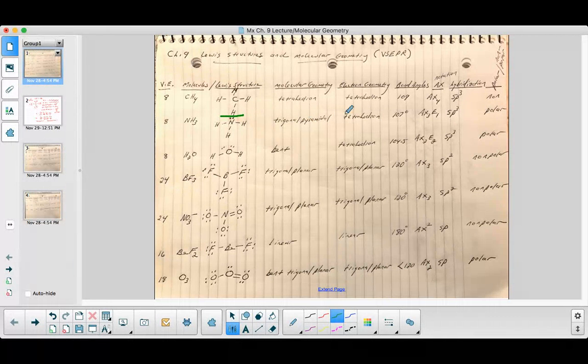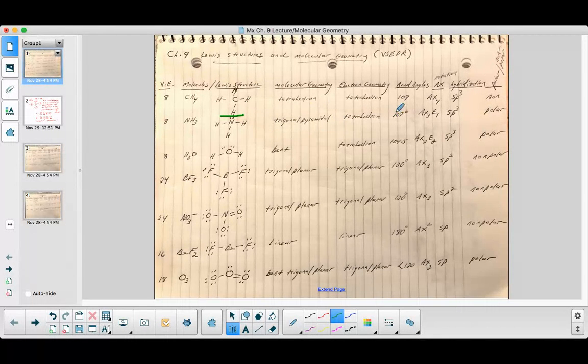So when I look at the electron geometry of this molecule, it's going to be the same as the electron geometry for the tetrahedron. So although its molecular geometry is called a trigonal pyramidal, the electron geometry is a tetrahedron because we look at 1, 2, 3, 4 bond sites. So the electron geometry is all about the number of bond sites. Whether or not a bond is attached, it doesn't matter. You still call it the tetrahedron for electron geometry. But molecularly, it's different.